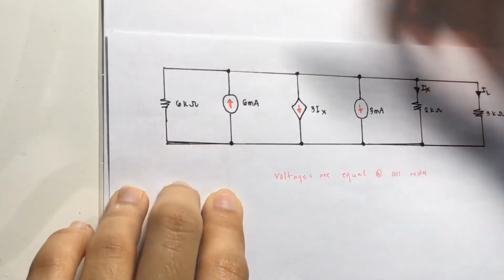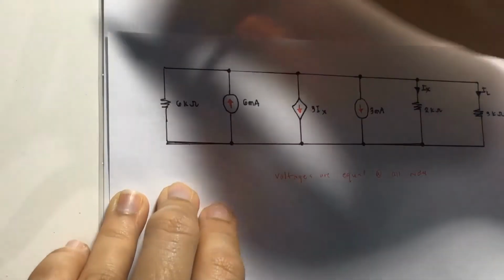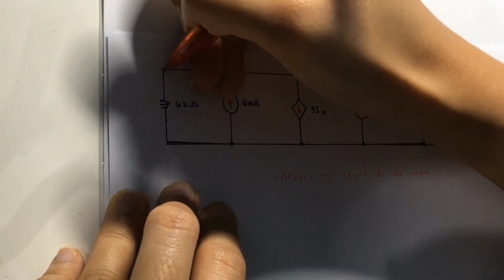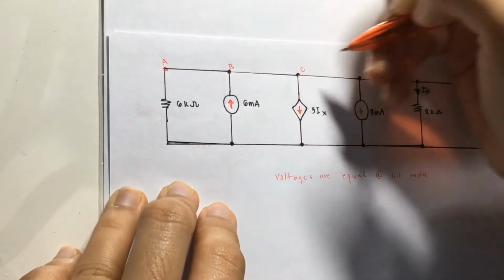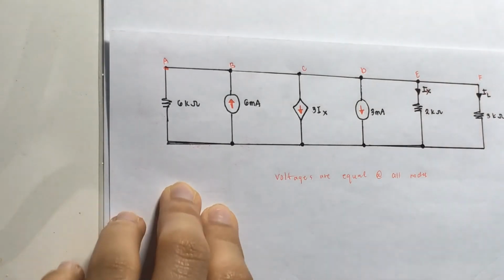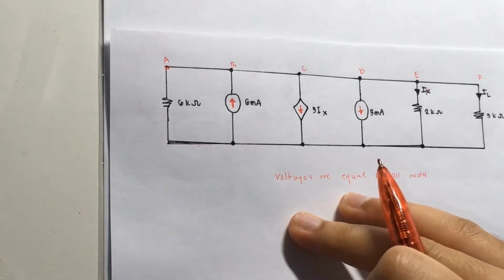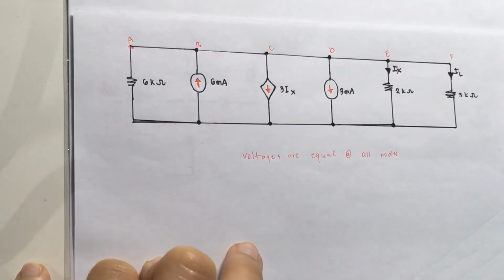The nodes here are clear. So let's say that this is A, this is B, this is C, D, E, and F. The method that we will use is nodal analysis.